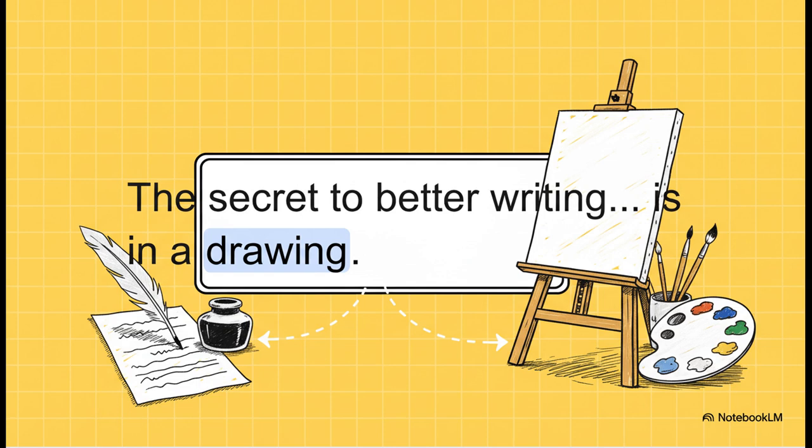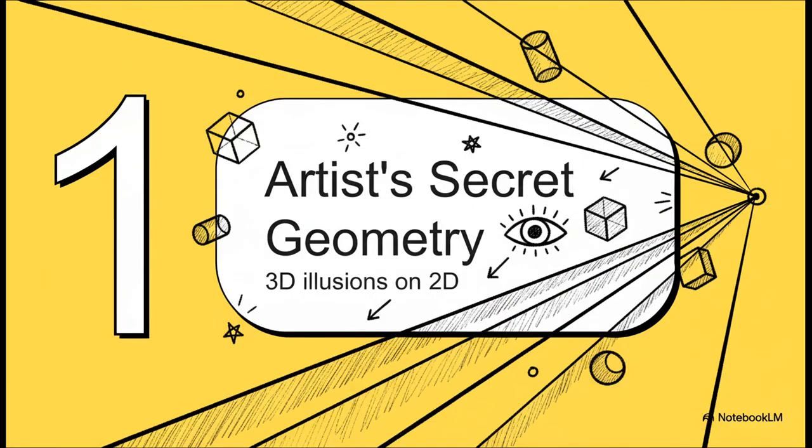And believe it or not, the system we're looking for, it's hidden in a pretty unexpected place, an artist's studio. Yeah, that's right. To solve our writing problem, we first need to take a look at a challenge that artists figured out centuries ago. You see, for hundreds of years, artists were wrestling with the exact same problem we writers face today.